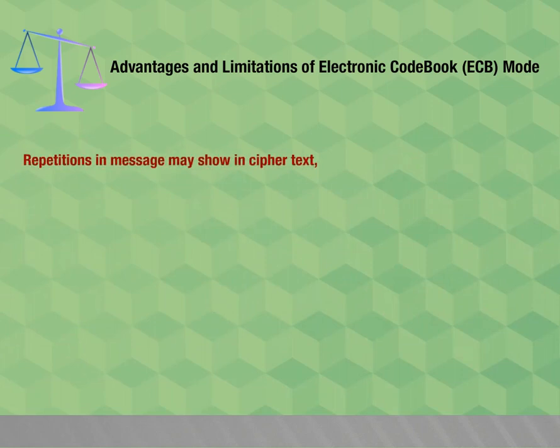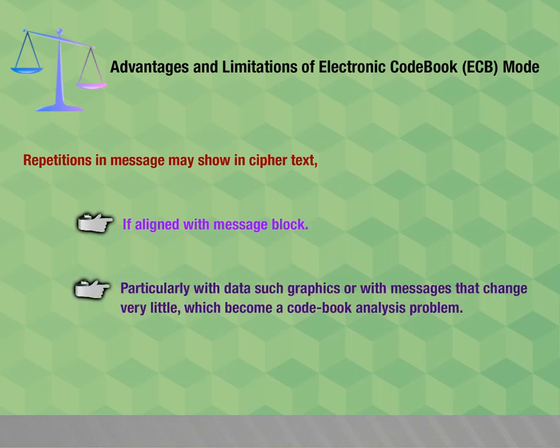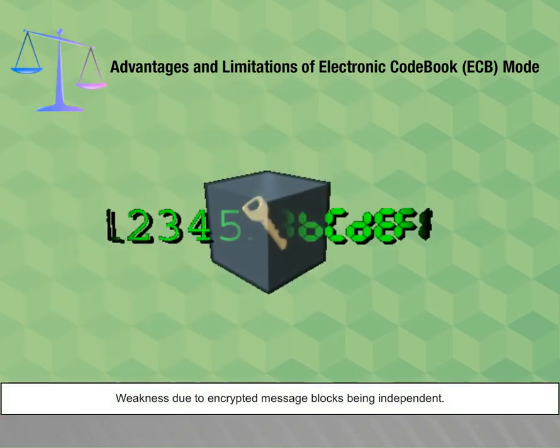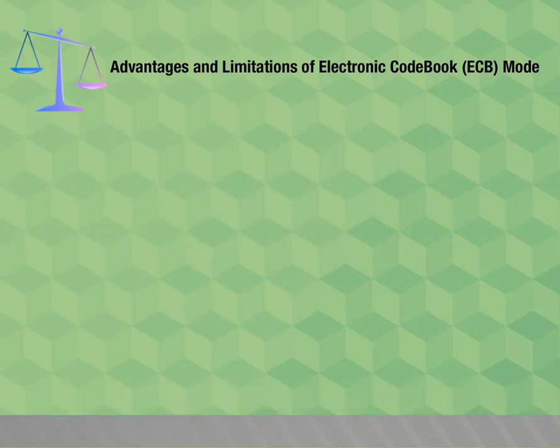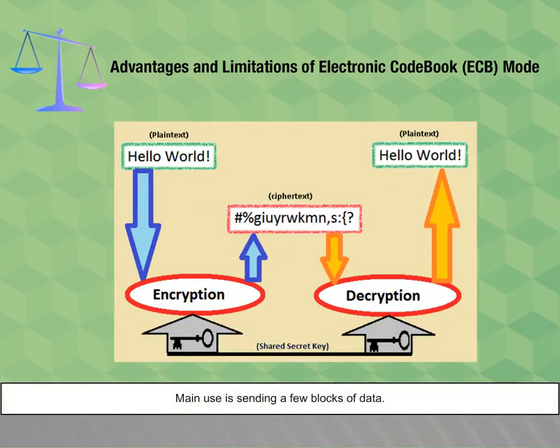Repetitions in the message may show in the ciphertext, if aligned with message blocks, particularly with data such as graphics or with messages that change very little, which becomes a codebook analysis problem. Weakness due to encrypted message blocks being independent. Main use is sending a few blocks of data.